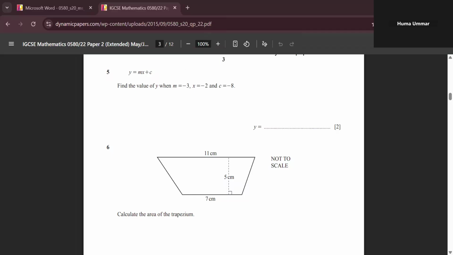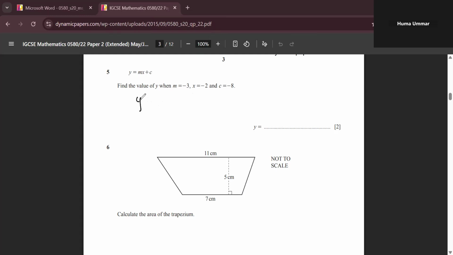Now question number 5 says y is equal to mx plus c, find the value of y when this is given. Always remember it is plugging in the values and taking out the answer. The trick is, whenever any number is given with a negative, always put brackets.